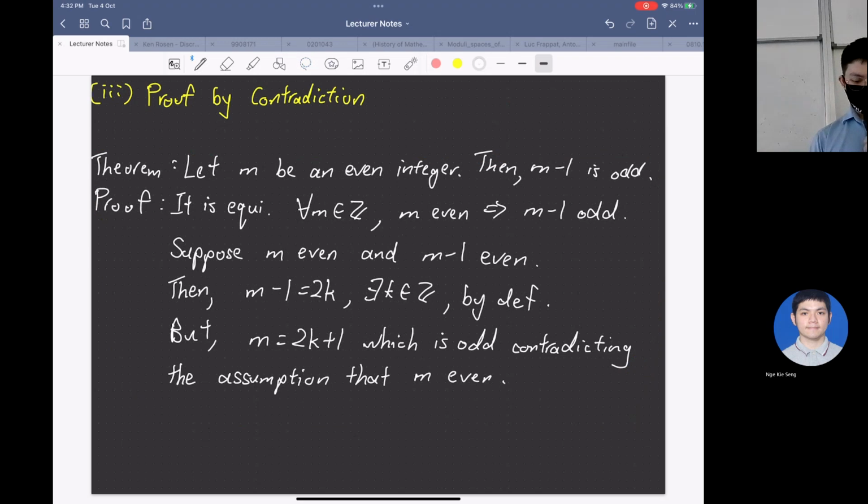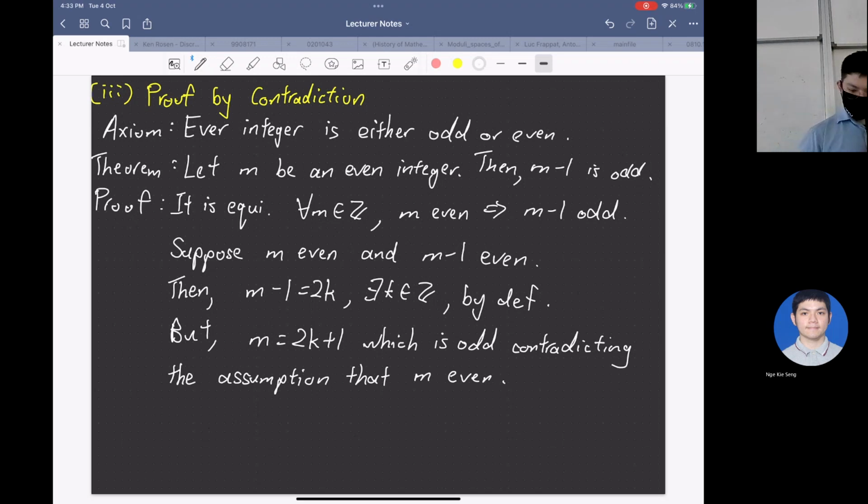So actually the or is an exclusive or. You cannot be both, either one only. So axiom: every integer is either odd or even. Okay. So we reach a contradiction. And then the proof is done. Okay, so this is proof by contradiction.